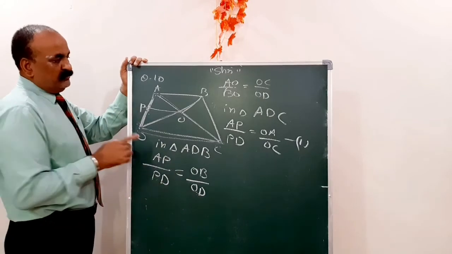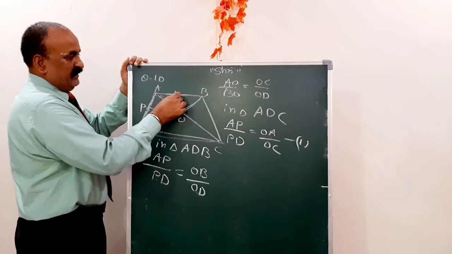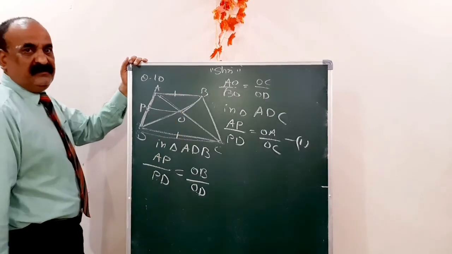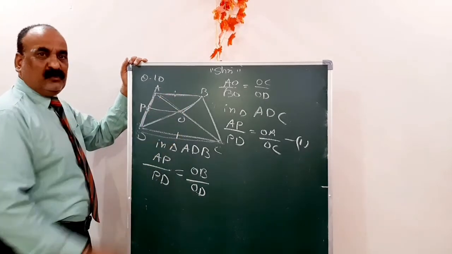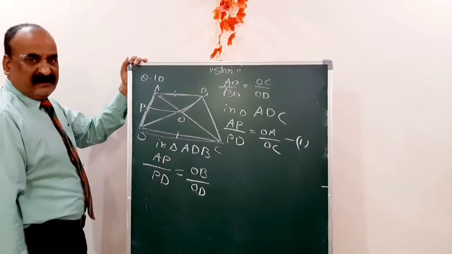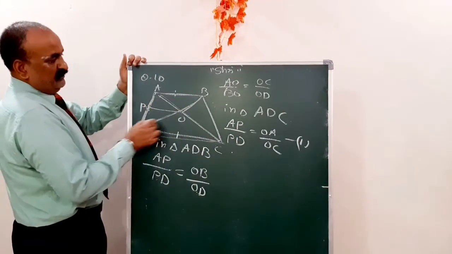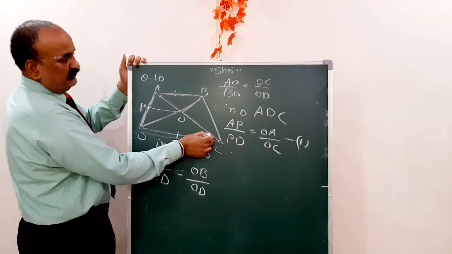Now what you have to show? You have to show that this side AB is parallel to DC. यदि AB DC के parallel हो जाए, it means ABCD is a trapezium. Now let us see AP upon PD. Now you want here OA upon OC.